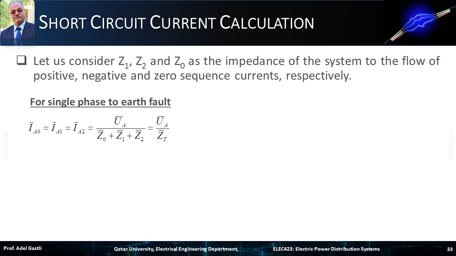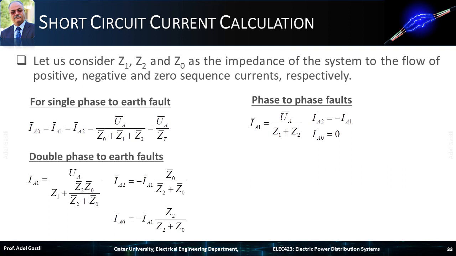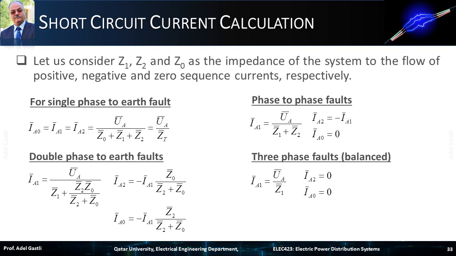For single phase to earth fault, the sequence currents are all equal, and are determined by this equation. For phase to phase faults, the sequence currents are determined using these equations. For double phase to earth faults, the sequence currents are determined using these equations. And for three-phase faults, the sequence currents are determined using these equations.